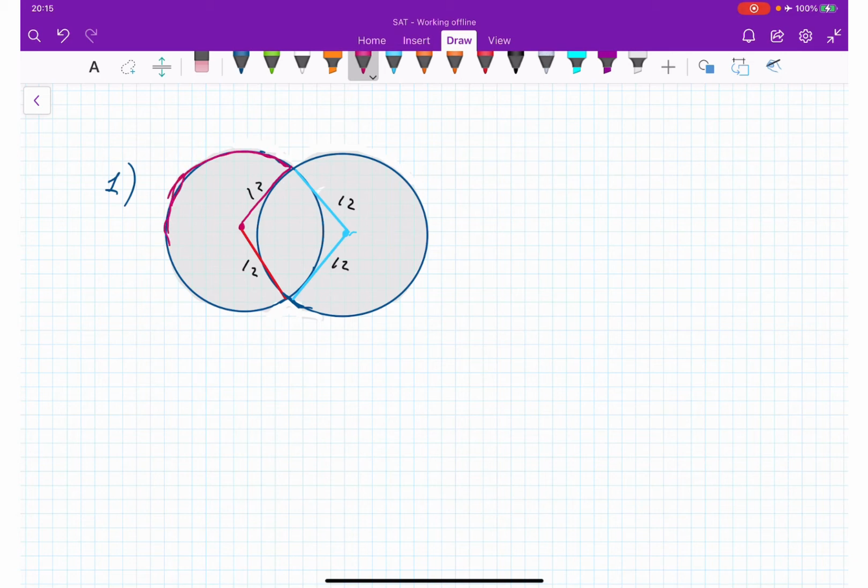Okay, this is one arc. And here we have the other arc. These are two identical arcs.